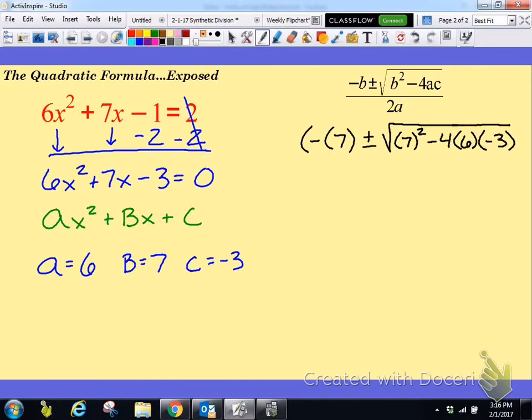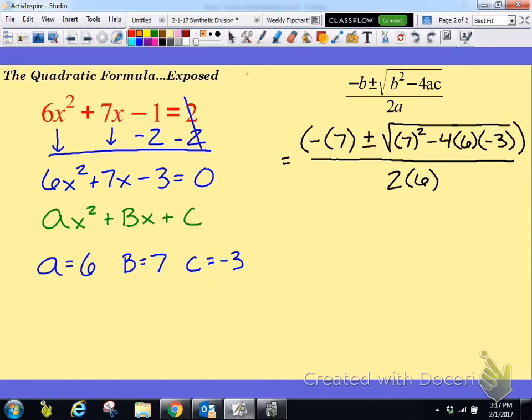And all of that is going to be underneath my radical. And since I'm done with my numerator, I'm going to close it off with another large parenthesis. I'm then going to take that and divide it all by 2a, and my a value, again, is going to be 6. So, we're using the quadratic formula to solve this quadratic equation.